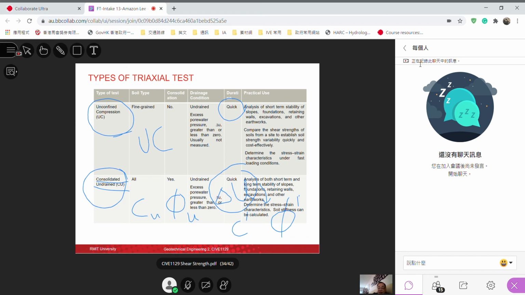So it's very useful. You can determine the undrained parameters. You can measure the pore pressure, and from that you can calculate the drained parameters. So it's a very good test. I think next year we will learn to do the consolidated undrained test.